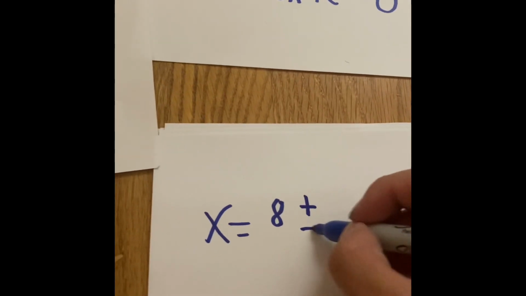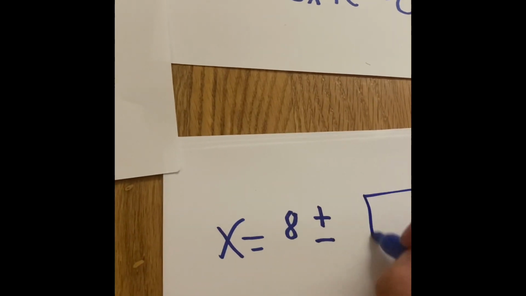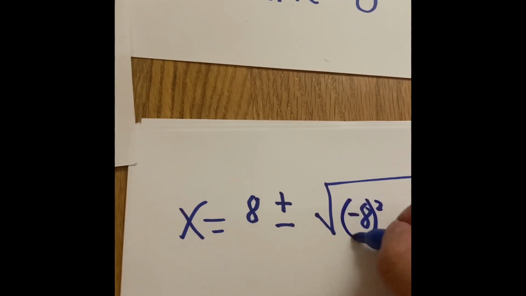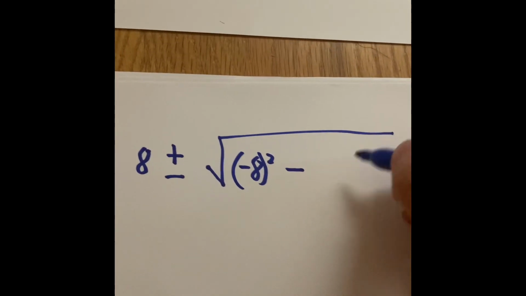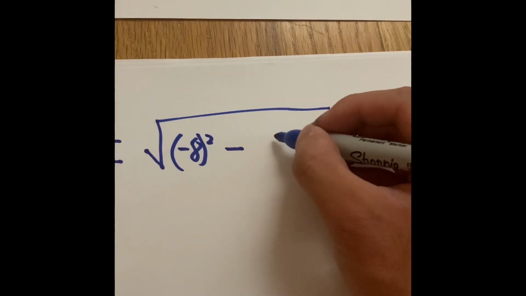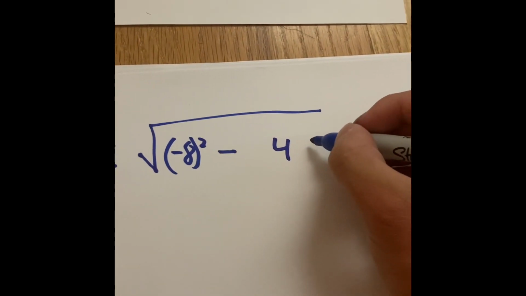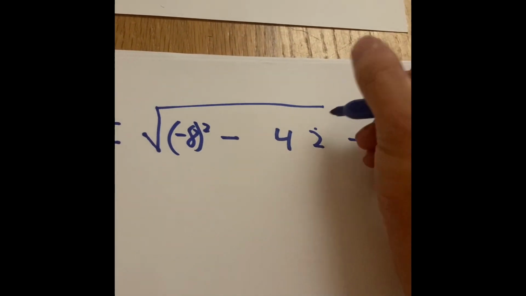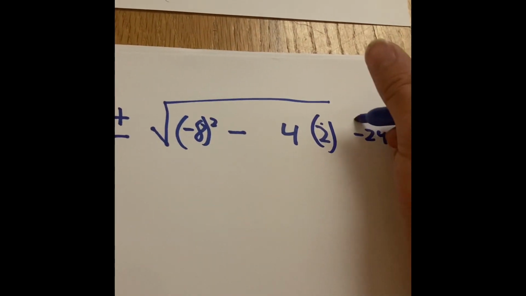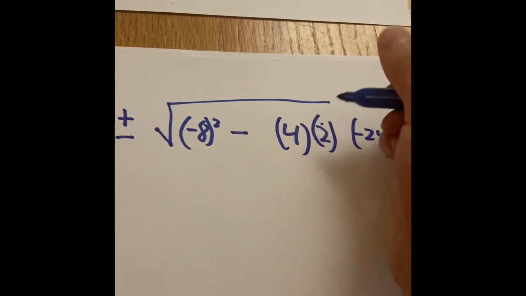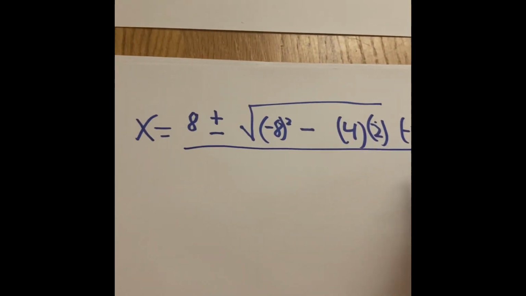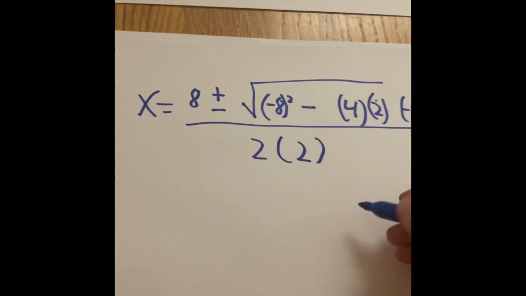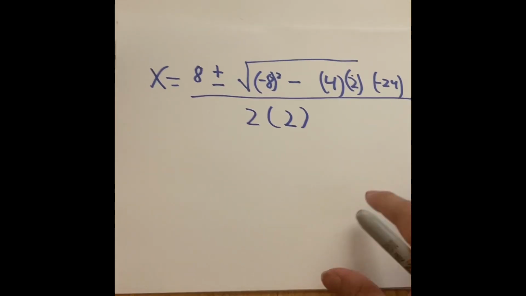Now we have to add and subtract a giant square root of negative 8 squared, then subtract the product of 4 times a, which is 2, times negative 24. Then we divide that by 2 times 2.